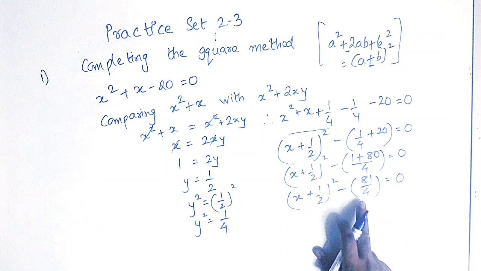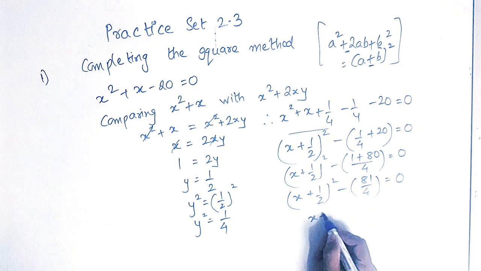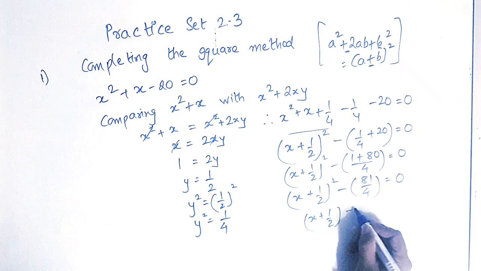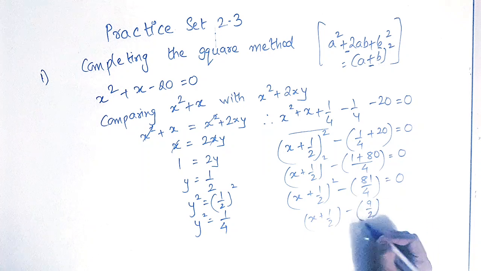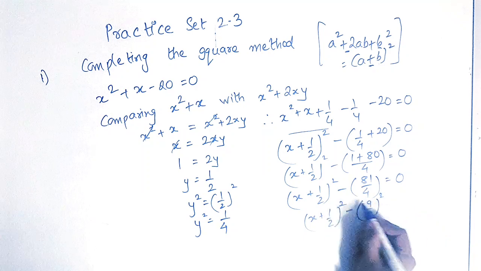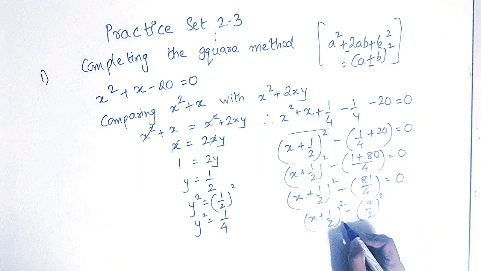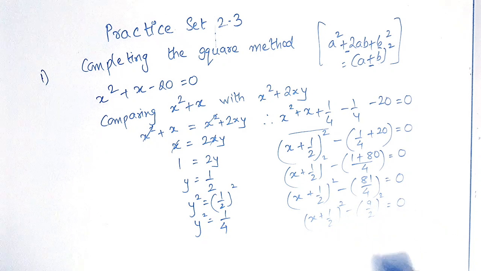Okay, this if you see, 81 by 4 is actually the square of 9 by 2. So x plus 1 by 2 the whole square minus 9 by 2 the whole square equals to 0. Okay, now I'll just clean this.